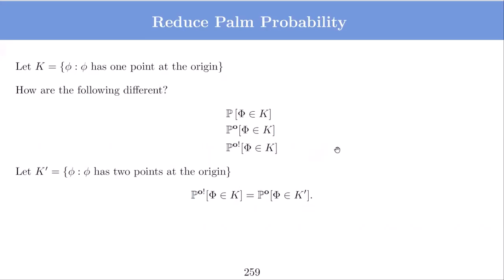We have to compute this too, and we don't know what its value will be because we haven't studied the conditional probabilities. So if I define K prime as phi having 2 points at the origin, then the reduced Palm probability of K is equal to the Palm probability of K prime. Given a conditional point, I have to look at whether there are 2 points at the origin.